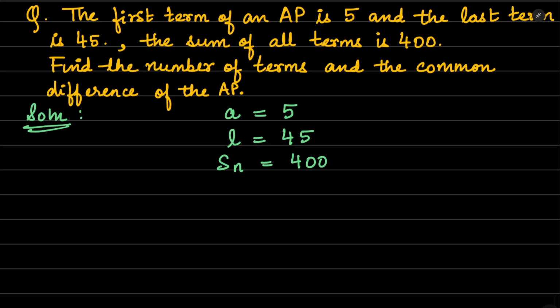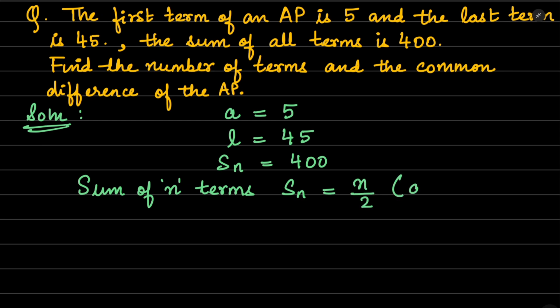Now you should know the formula for sum of n terms. The formula is Sn equal to n by 2 into a plus l. This is one of the formulas if you know your last term. Let's just substitute whatever is given.